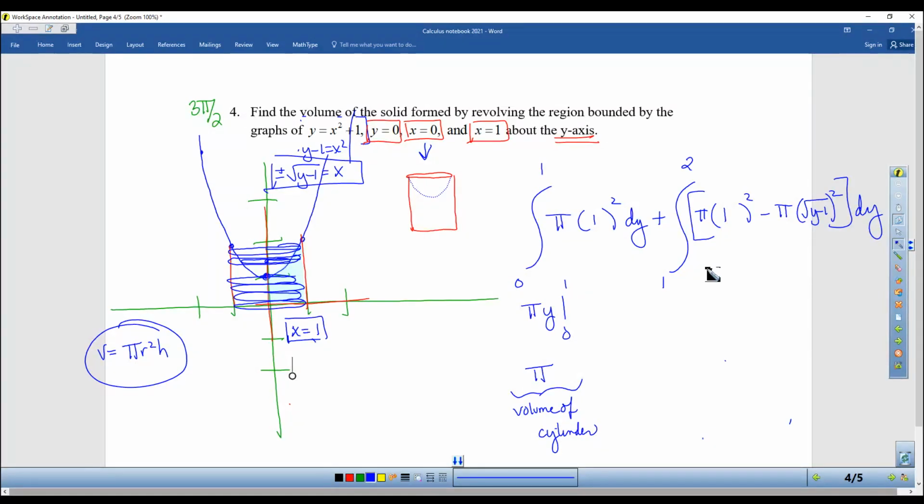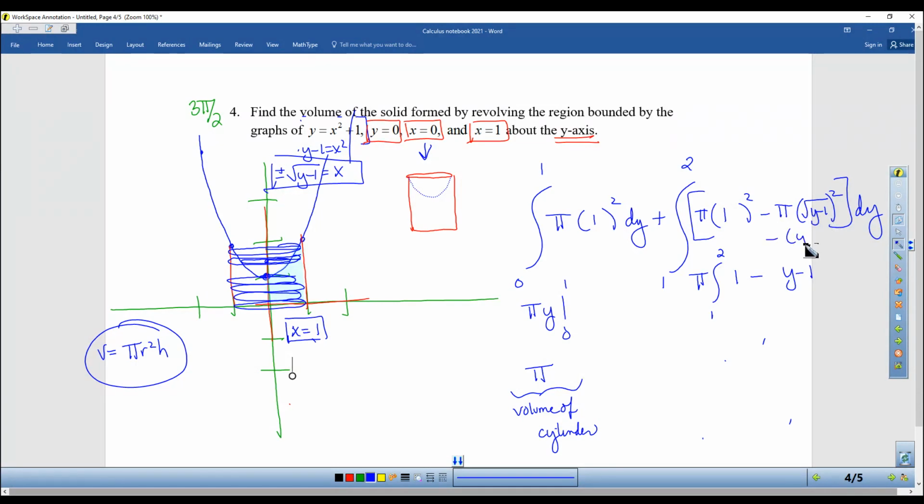All right, this one, let's simplify this a little bit. Let's take the pi out to make our life easier. And this is just 1 minus... When you square a square root, of course, you just get y minus 1. But this negative needs to be distributed.